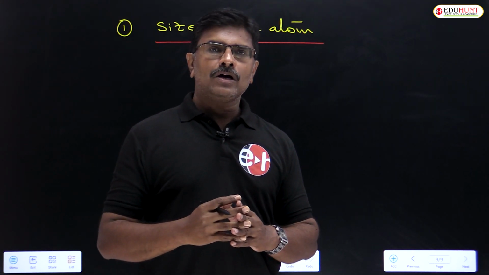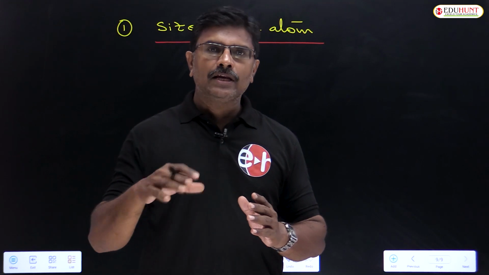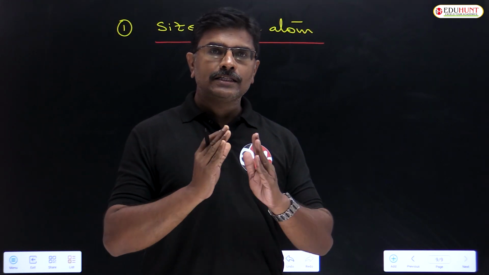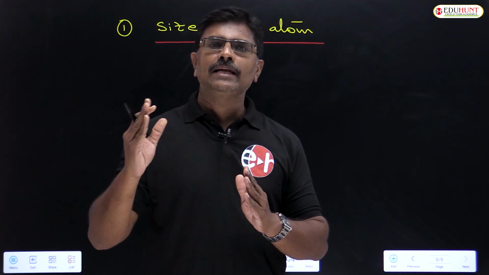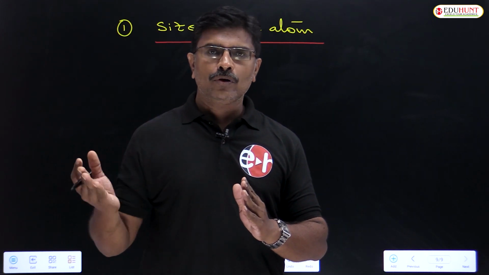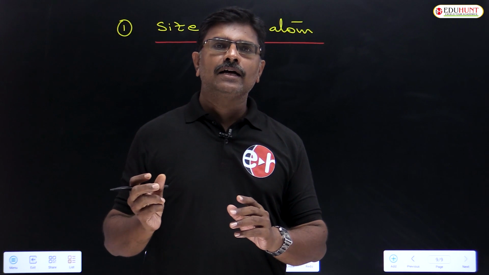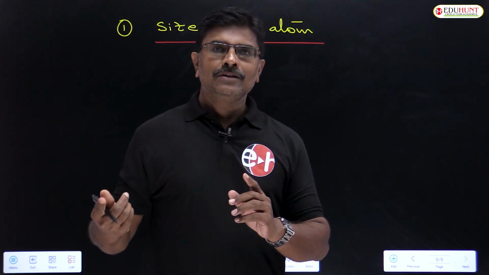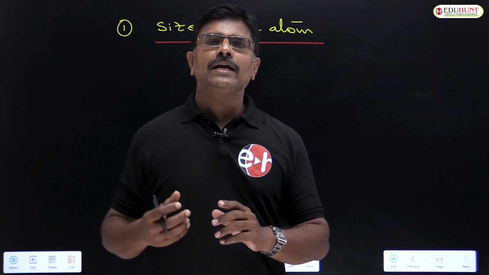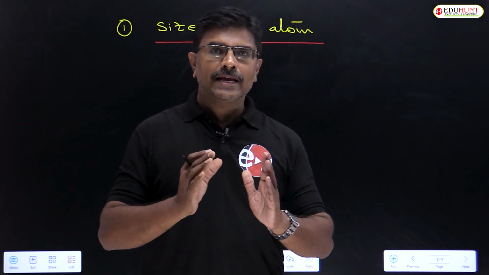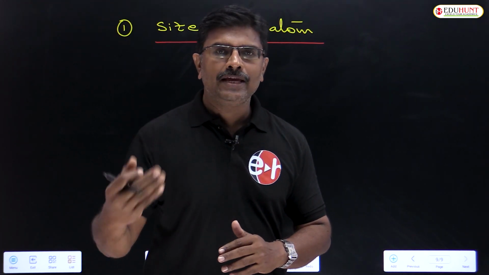Why? Because if the atom has larger size, then the distance from the nucleus to the valence electron will be more. So the nuclear attraction on that valence electron is less, so that we can remove the electron easily. That means the cation is going to be formed easily.